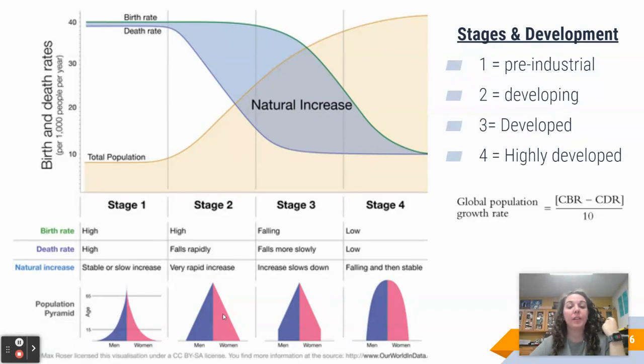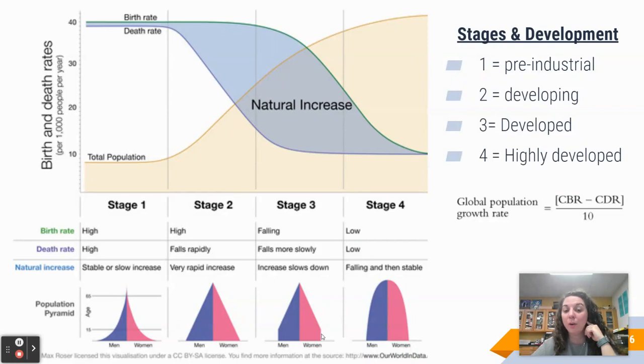And then in stage 2, as that death rate falls, but our birth rate stays high because of that lag, we're going to start seeing very rapid increase, so a lot of population growth. In stage 3, we're going to start seeing that birth rate finally start to fall because we've pushed past that lag there. And so now we start to see essentially our base here is still wider.